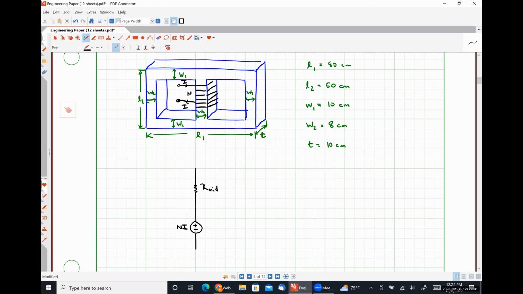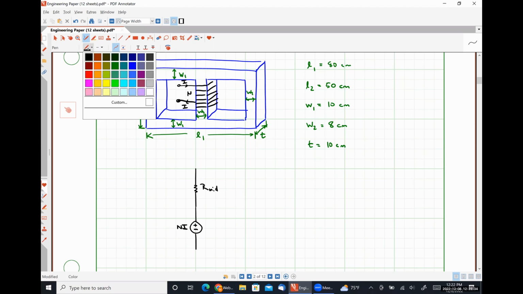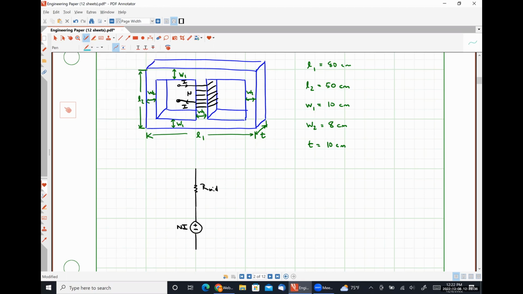Now let's look at the left branch. So effectively, I'm saying, what if my flux goes through here? And then what does my flux see as it flows around this path, right? So I'm going to see some reluctance here at the top left. So let's call this RTL for top left.